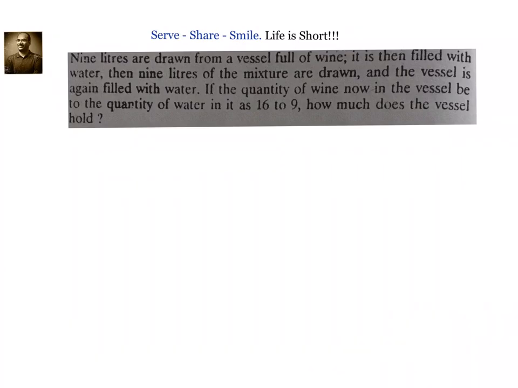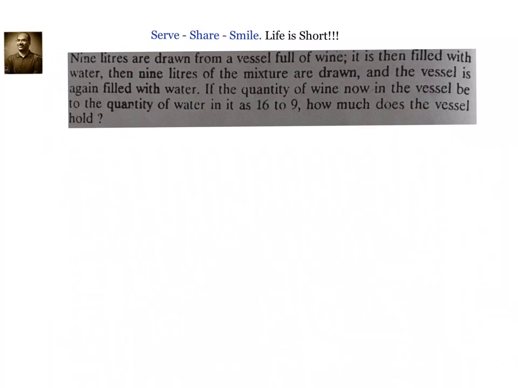Now let's try to understand this problem from a layman perspective. There is a vessel full of milk and 9 liters of milk is removed from that. Then those 9 liters we have taken out are again filled with water. After that, again they have removed 9 liters from this mixture of both milk and water.